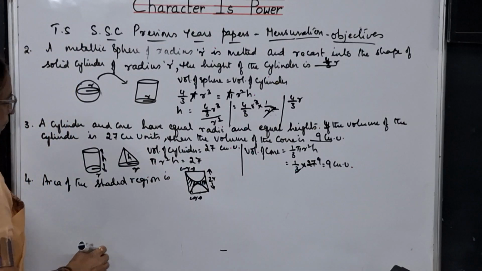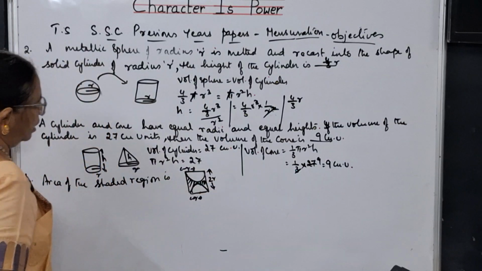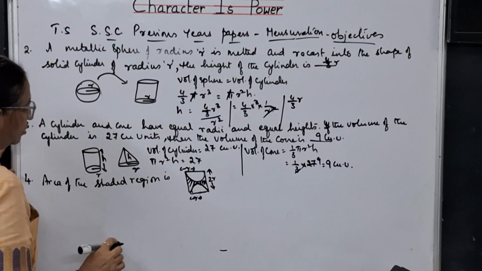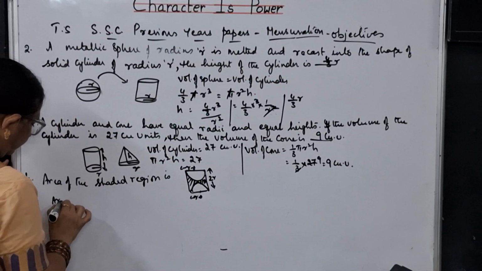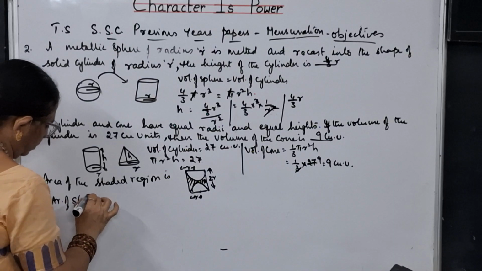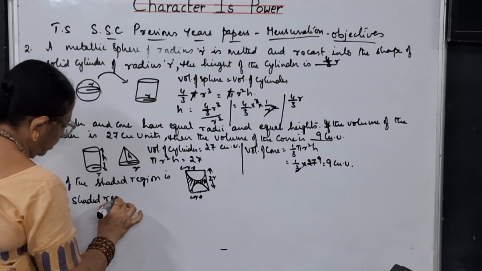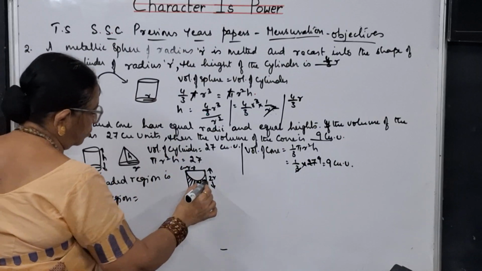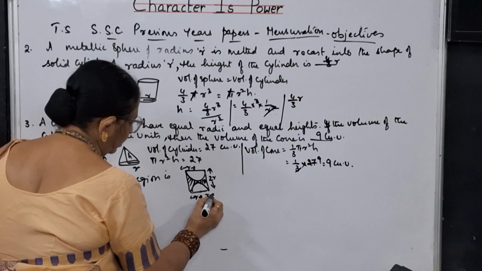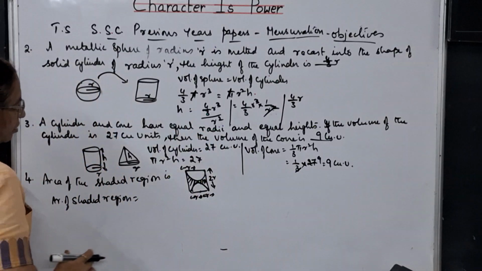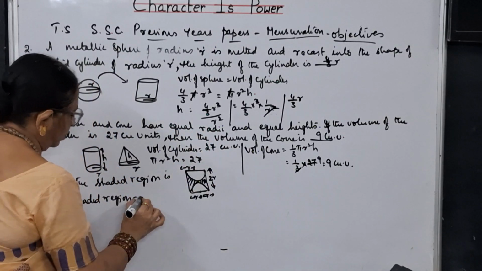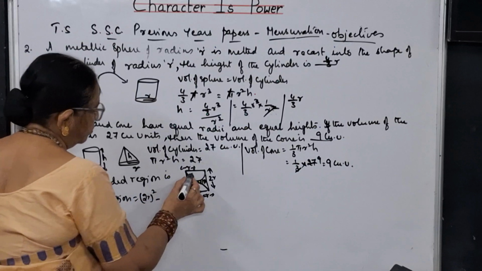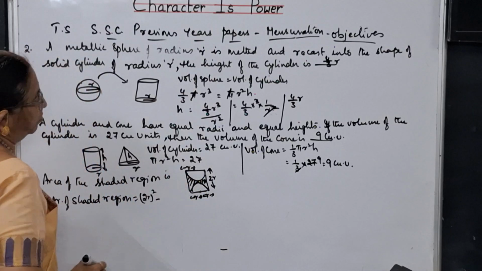So this should be considered as a rectangle, and these two should be considered as semicircles. So area of shaded region is equal to this area, it is 2R. Actually this should be considered as a square only, 2R, this is also 2R, so this will be a square, that is 2R whole square, minus these two semicircles.